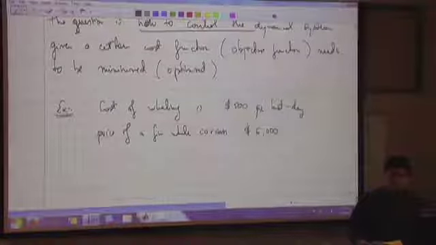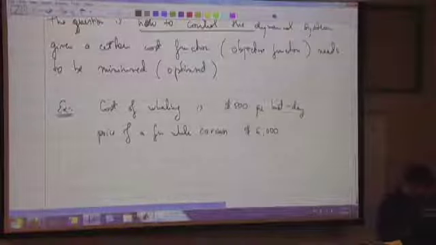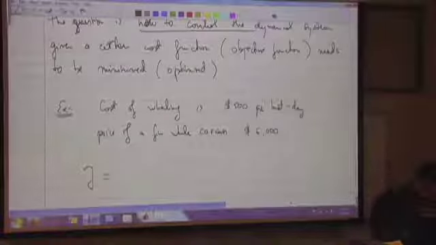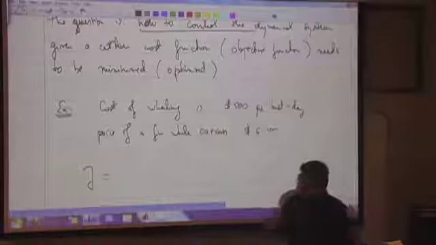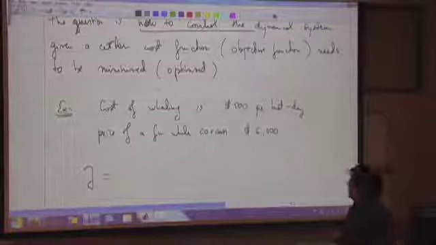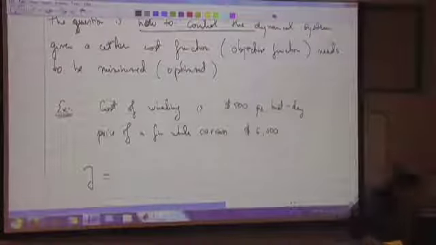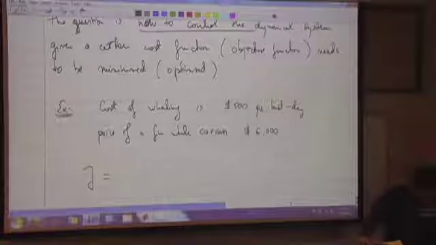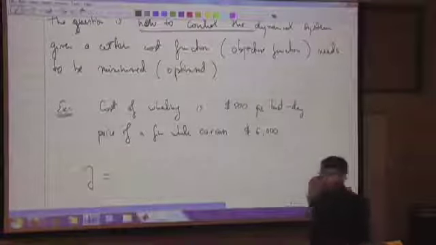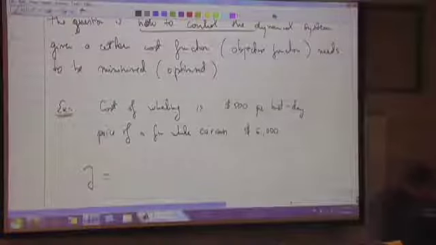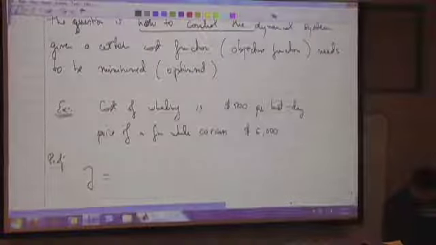Okay, so we're going to soon introduce what's called the objective function, or functional. But think about it as the cost, or in this case, let's say, a profit, right? To maximize a profit. So the profit in this case would be built the following way. Profit would be what?